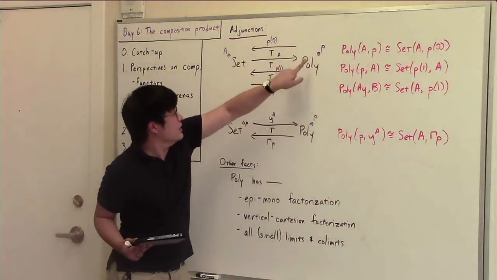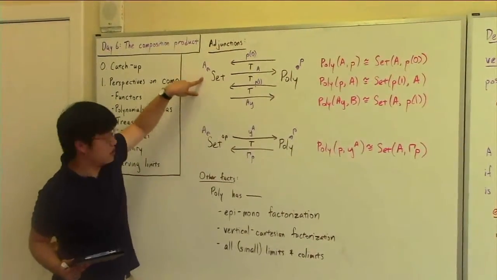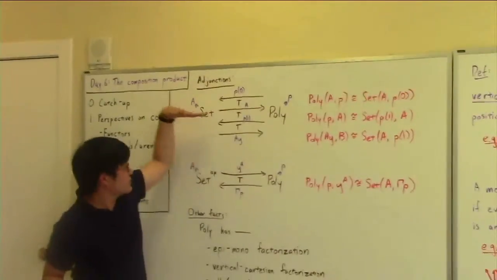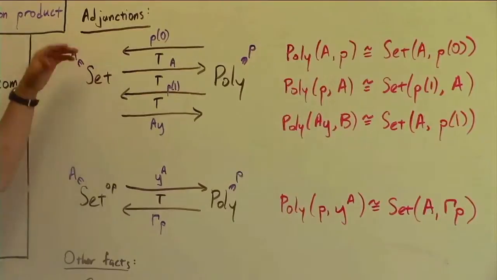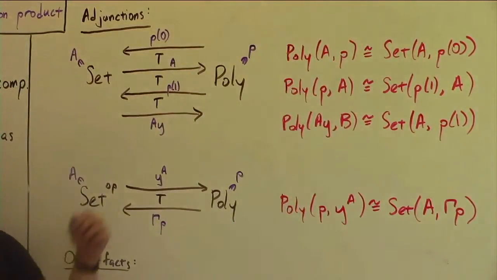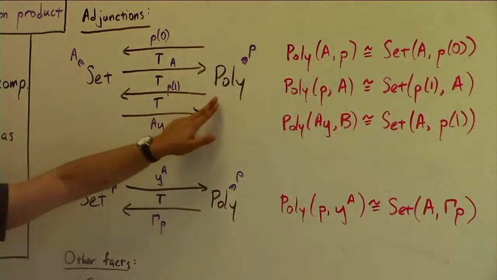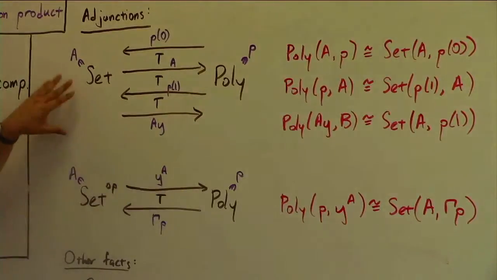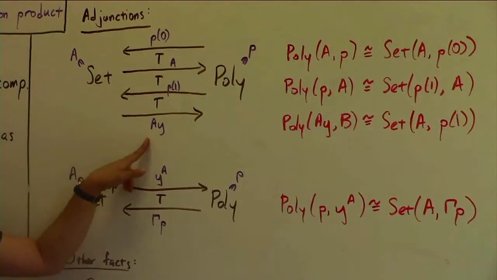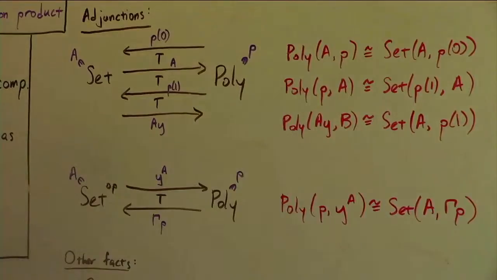This is the functor that takes each P in Poly to P of 0. This is the functor that gives us a copy of Set in Poly by thinking of all of the constant polynomials. This is our familiar on-positions map that takes each polynomial and sends it to its set of positions. And this bottom map sends each set A to A times y, the linear polynomial with that set as its coefficient.